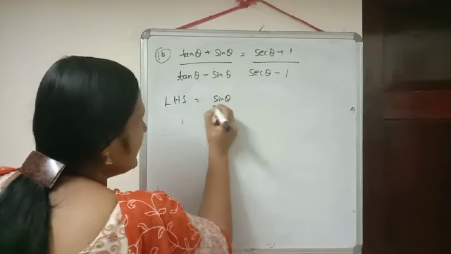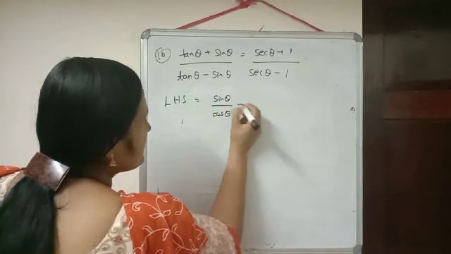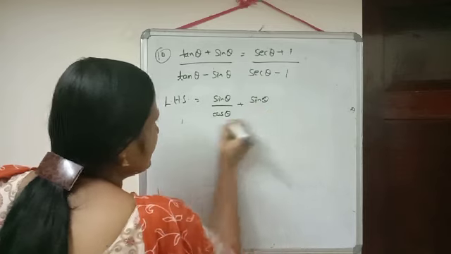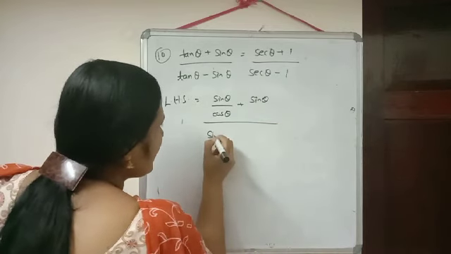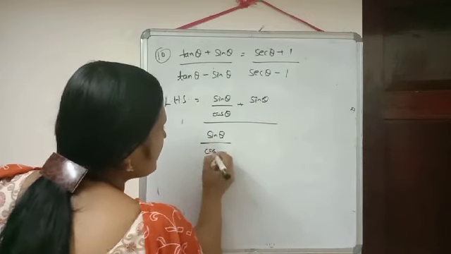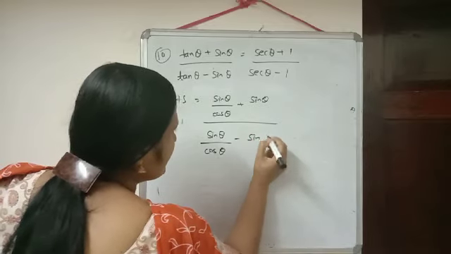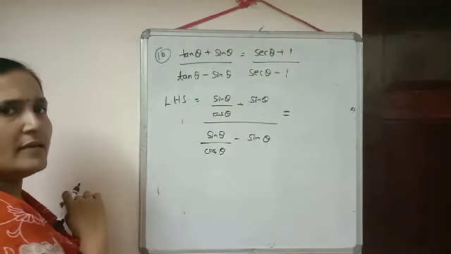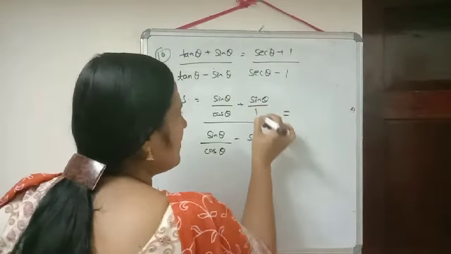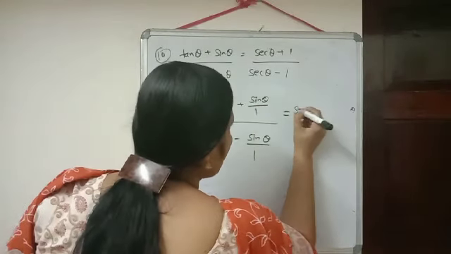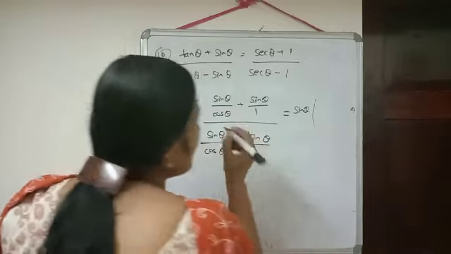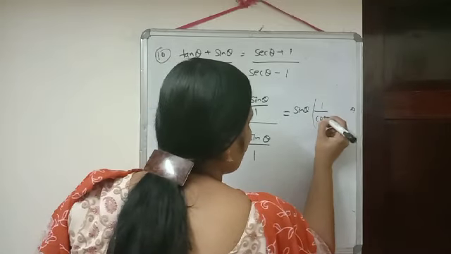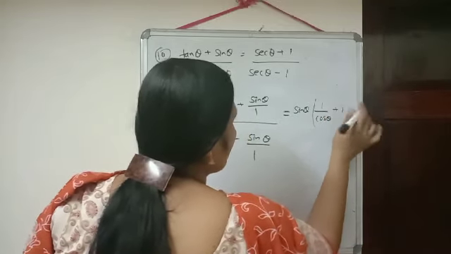It can be written as sine theta by cos theta plus sine theta divided by sine theta by cos theta minus sine theta. Any common factor in these two terms? Yes, sine theta is common. So sine theta taken outside. What will come inside the bracket? 1 by cos theta plus 1.